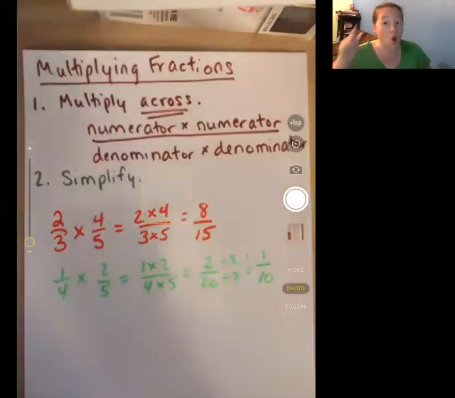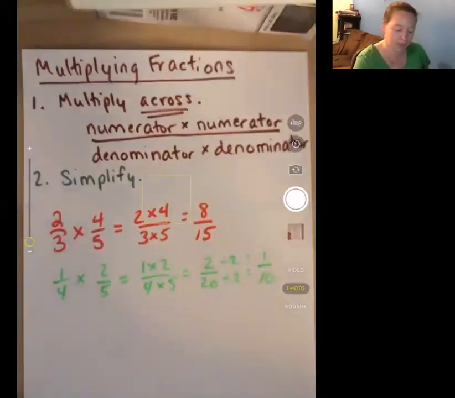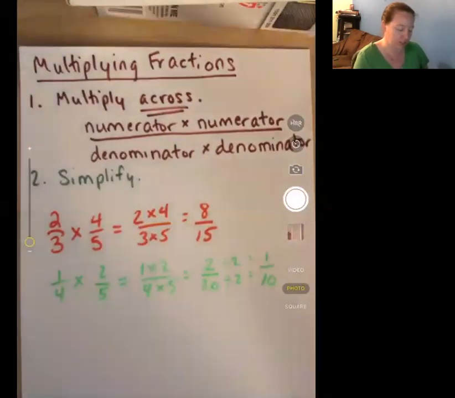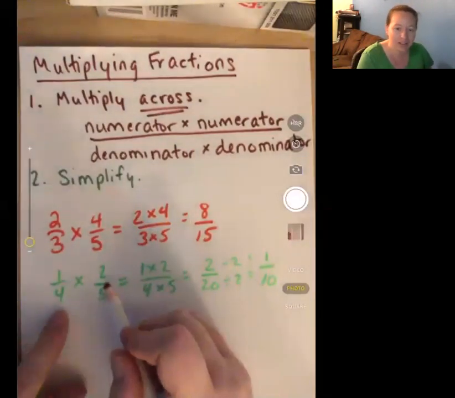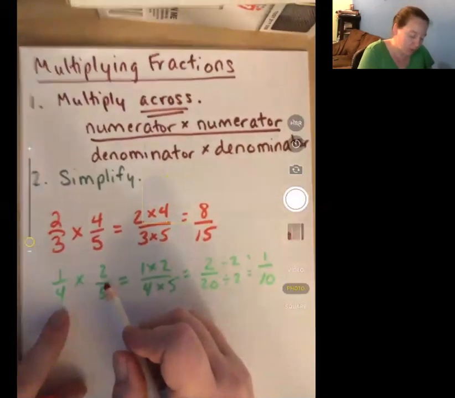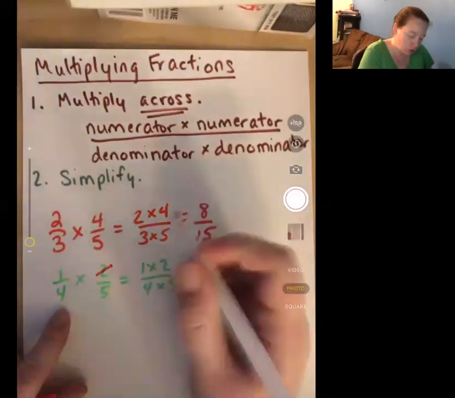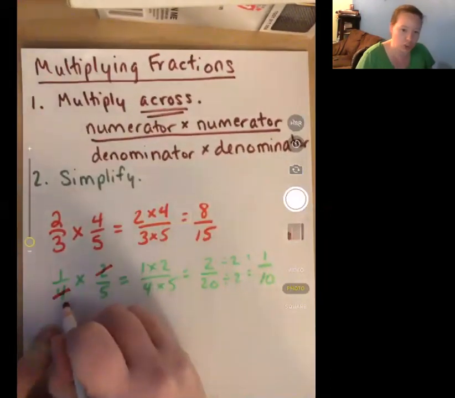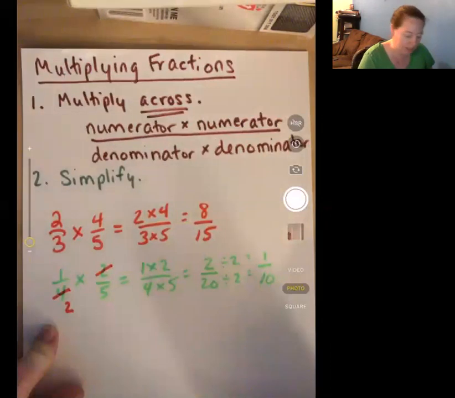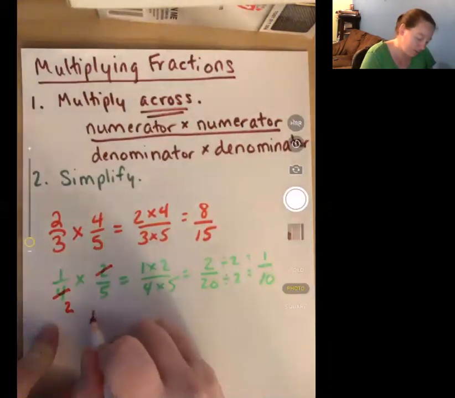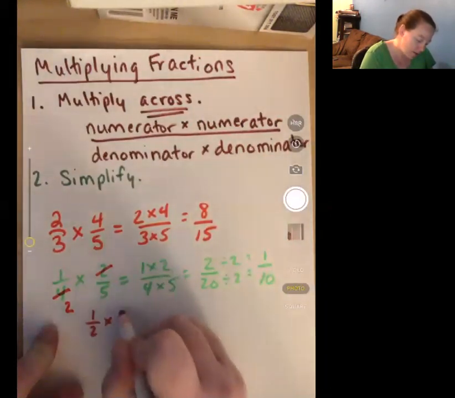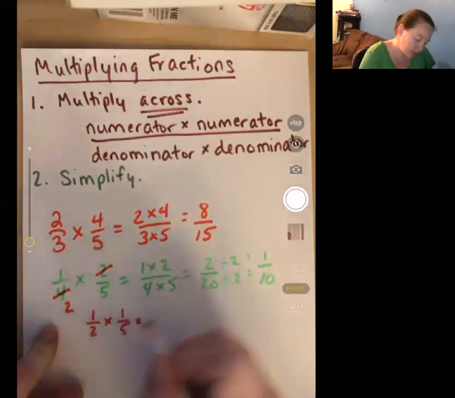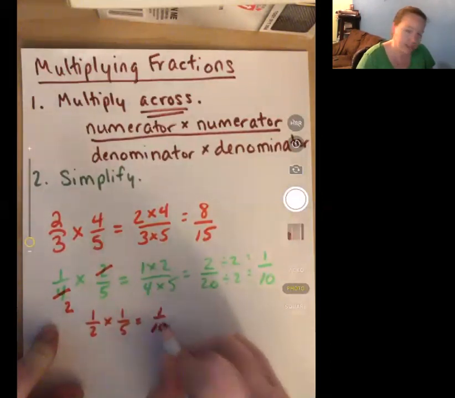I can do that. Or I can look at this and go, hey, there's a 2 and there's a 4. I can get rid of that 2 and take 2 out of that 4. 4 divided by 2 is 2. So I can remake this problem into 1/2 times 1/5, which is equal to 1/10.